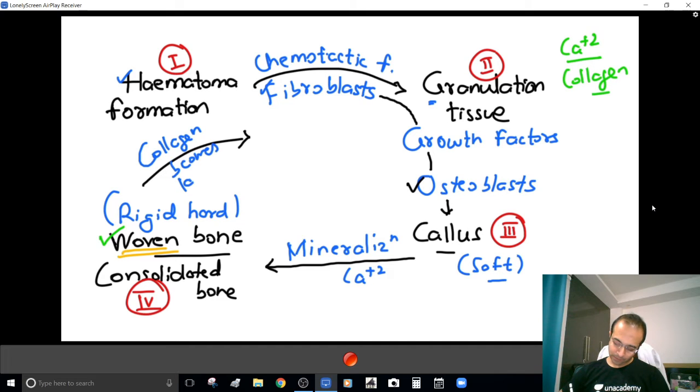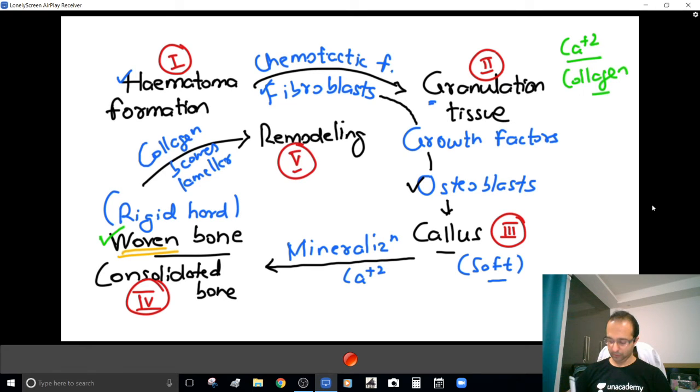Collagen becomes lamellar, and once collagen also becomes lamellar, you have the last stage of fracture healing, which is called remodeling. So that is how you finally reach the natural bone, by a step called remodeling. And bone is always remodeling, because bone is a dynamic structure. It's not a static structure.